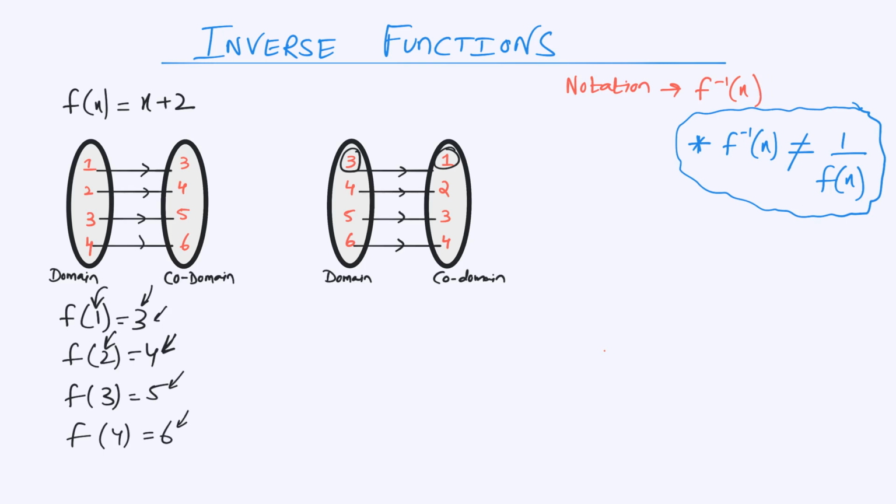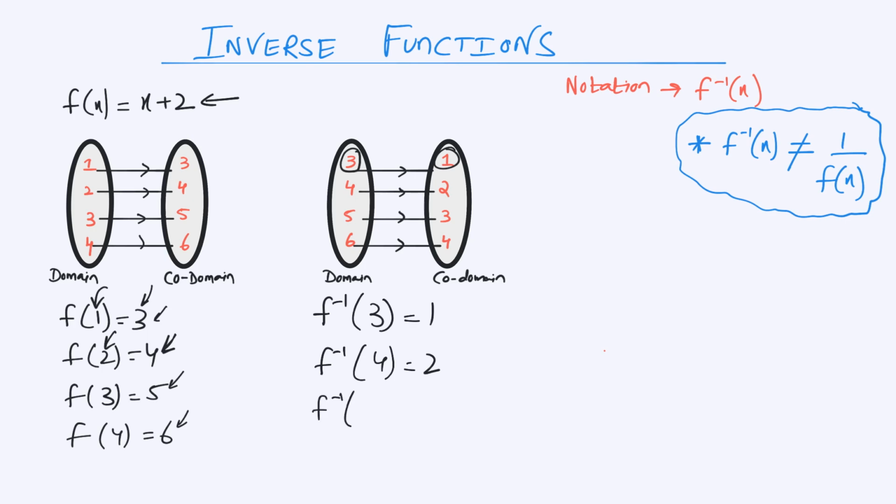Now, f inverse of x must be a function which has a reverse effect of the main function. So I need to come up with a function in which when I insert 3, I must get 1 back. If I insert 4, I must get 2 back.